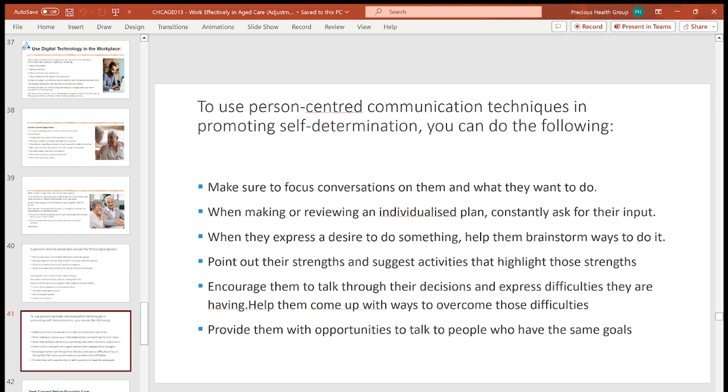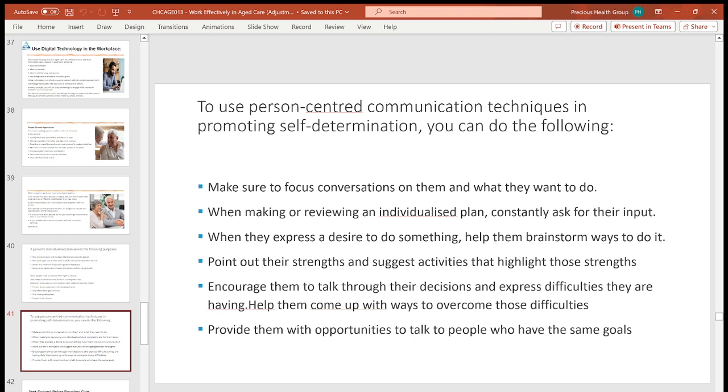And when they express a desire to do something, we should help them to brainstorm and look at ways they can do it in a way that will of course be safe and beneficial to them. We should be able to point out their strengths and suggest activities that highlight those strengths.